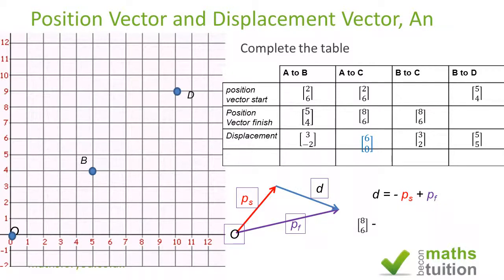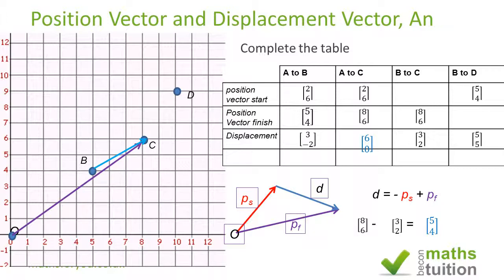And because we're going to subtract the displacement, we do minus. Now when we subtract the displacement (3, 2), we end up with 8 minus 3 is 5, and 6 minus 2 is 4.